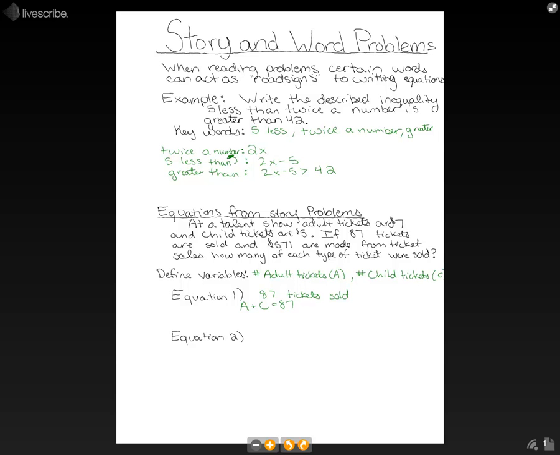Now equation 2 is a little bit more difficult. They've given us a little bit more information. They've given us the price of each type of ticket. And they've given us the total amount of profit from ticket sales.